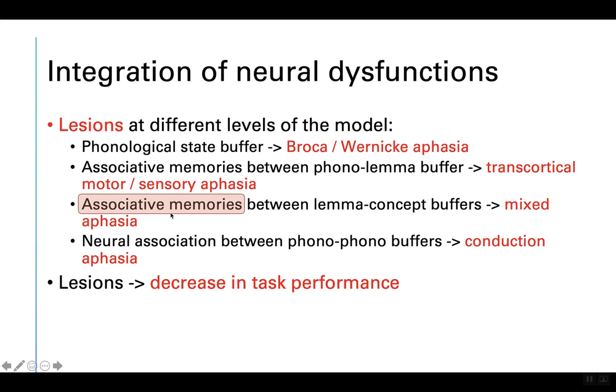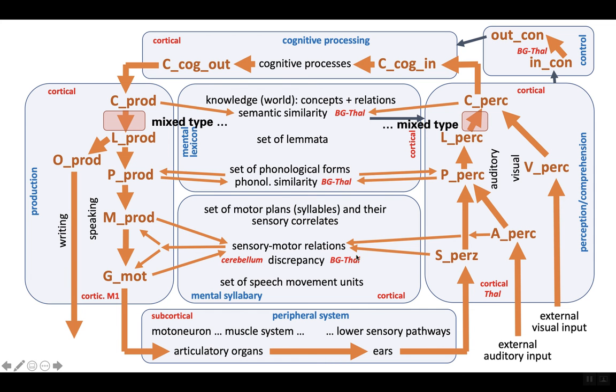Or we can add lesions to the associative memories between the lemma and concept buffer, which would lead to mixed aphasia. In this case, we do it directly on both sides. At this higher level, it is difficult to separate between the sides. So then we get this mixed type aphasia.